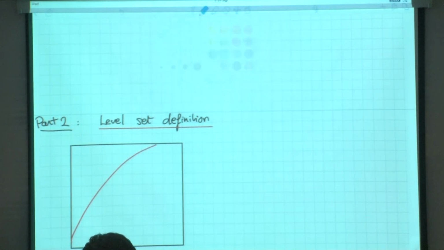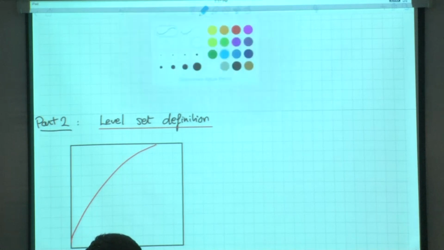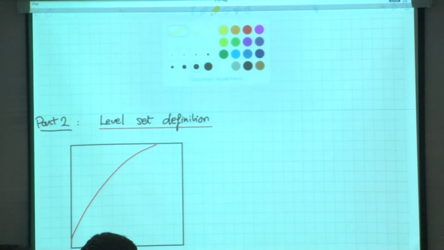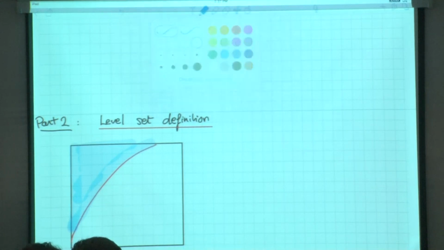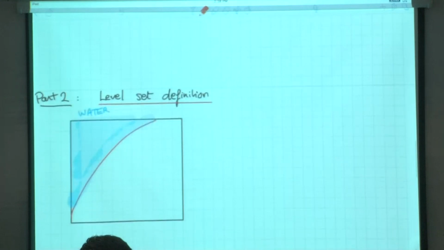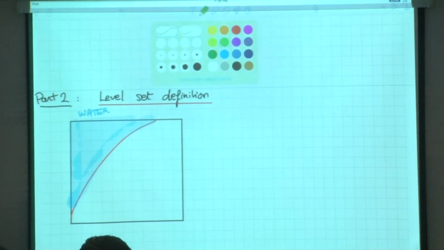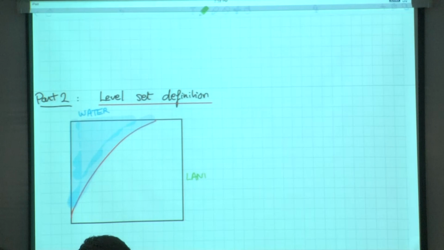From the perspective of looking at the topographical representation of the problem, imagine if you had a map, it might tell you that on that side you have, say, water, an ocean, and on that side, not red, green, say you have land.